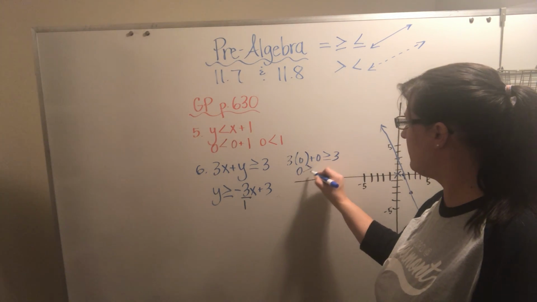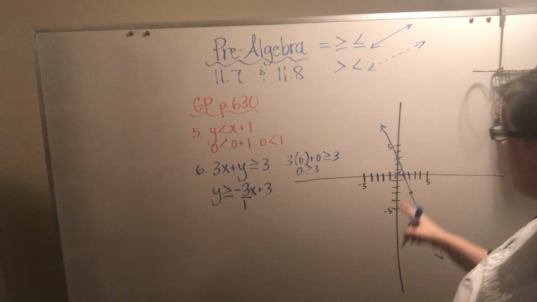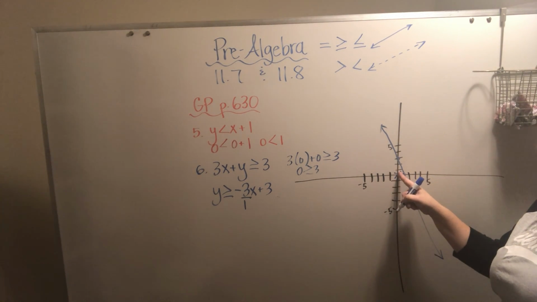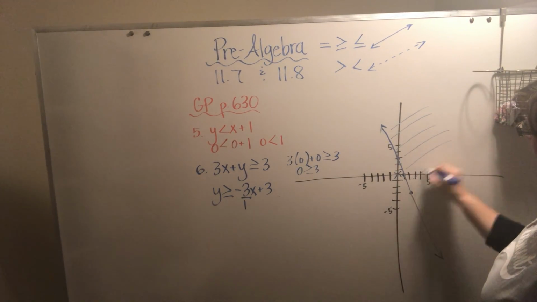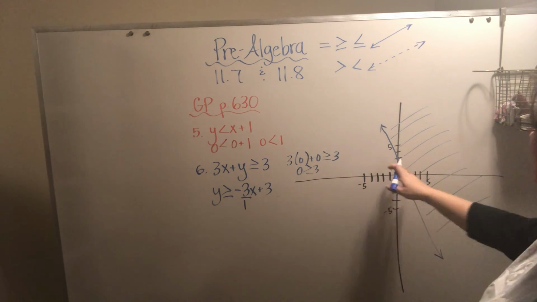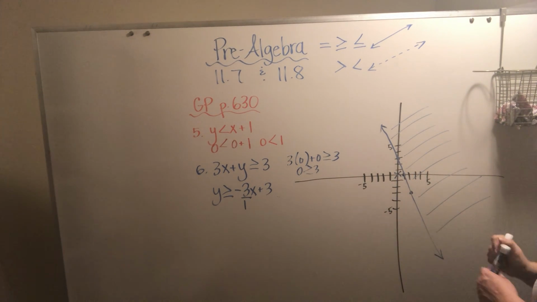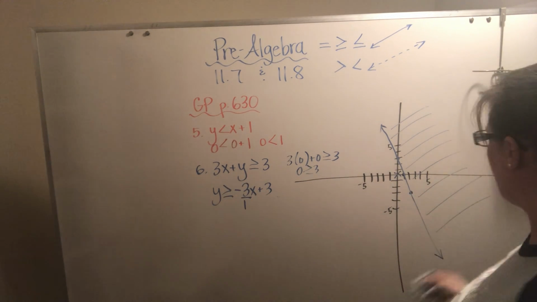Is 0 greater than or equal to 3? It's not. So I will not shade this side. I will shade the other side because the origin did not fit this inequality. So I don't shade where the origin is because it is not a solution for this inequality.